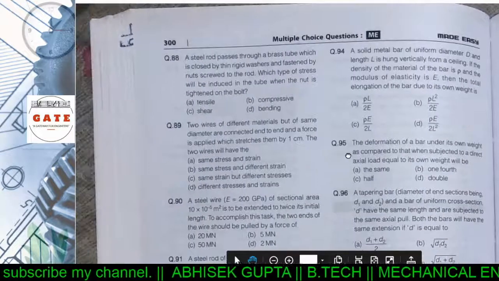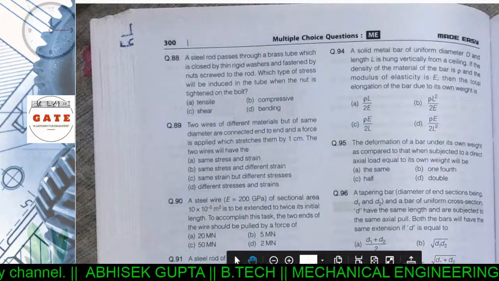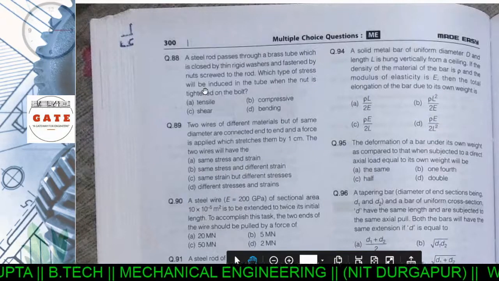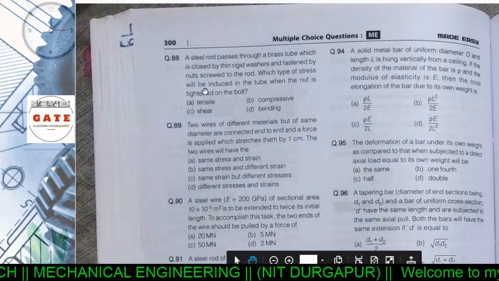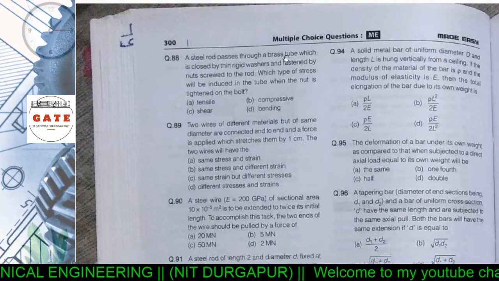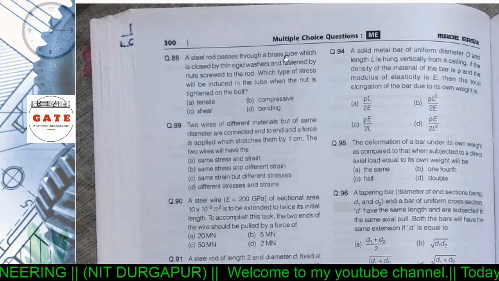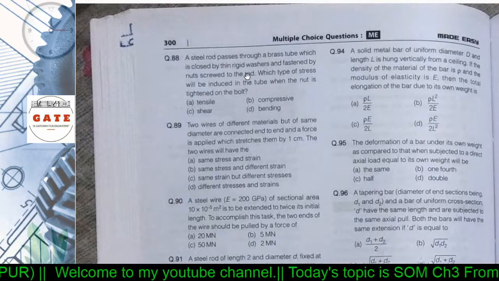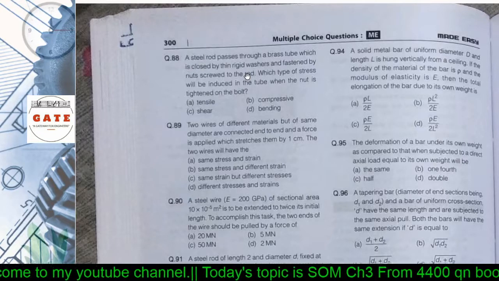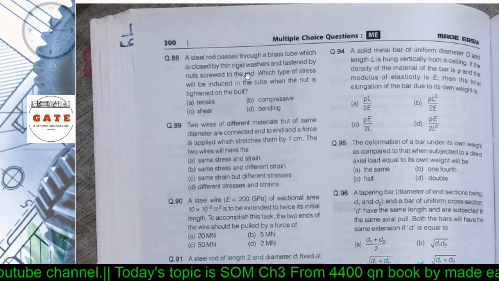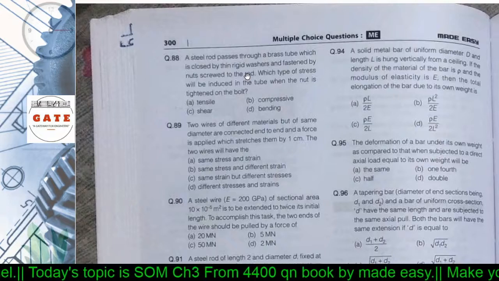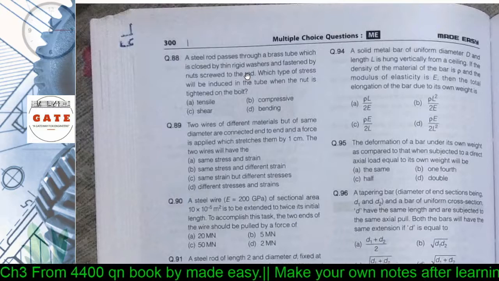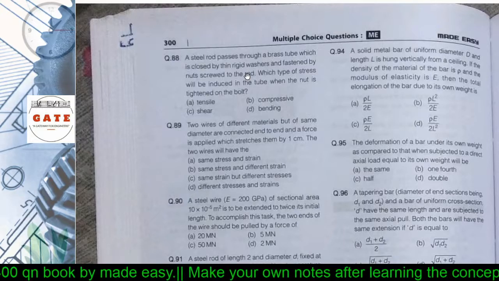So moving on to the next question, question number 88. On your screen, please comment the answers. A steel rod passes through a brass tube which is closed by a thin rigid washer and fastened by a nut screwed to the rod. Which type of stresses will be induced in the tube when the nut is tightened on the bolt? Okay, so the case is a steel rod passing through a brass tube.